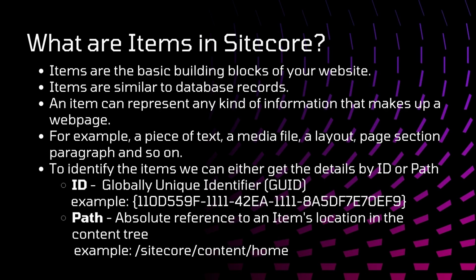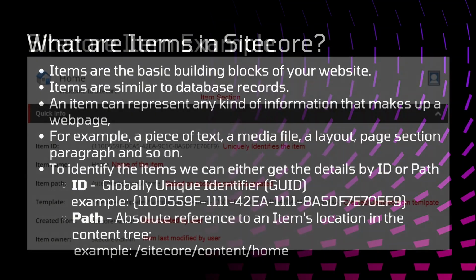If there is one GUID, it will not be repeated for other items. The second one is by path. This is the absolute reference of an item's location in the content tree. For example, if we want to navigate to the home, the path would be sitecore/content/home. At whichever position that item is present, that entire absolute path is given to that item.